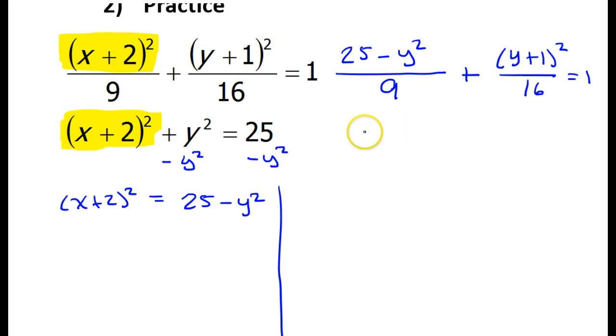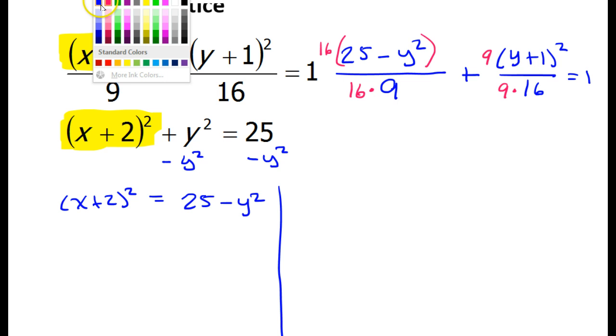Now this equation has only y's in it, so I should be able to solve for y if I'm very careful. First I need to add these two fractions together. In order to do that, I need like denominators. So I'm going to multiply this fraction by 16 over 16, and this fraction by 9 over 9.